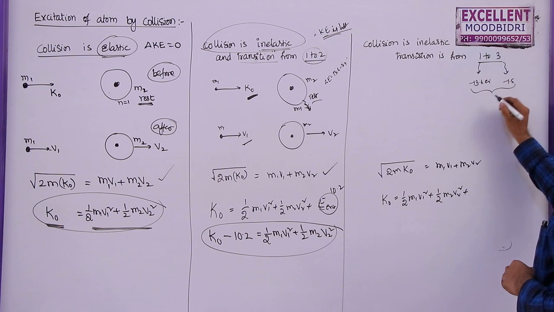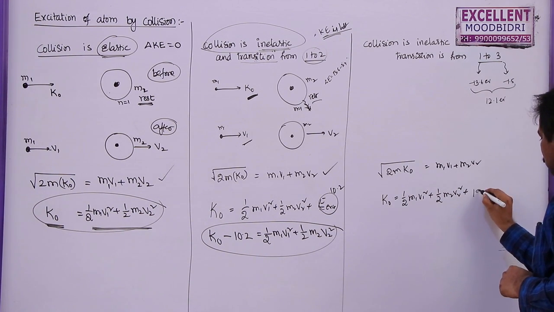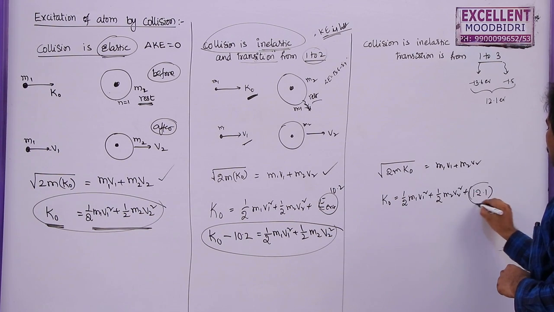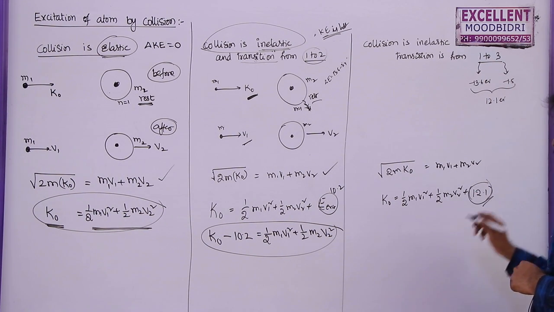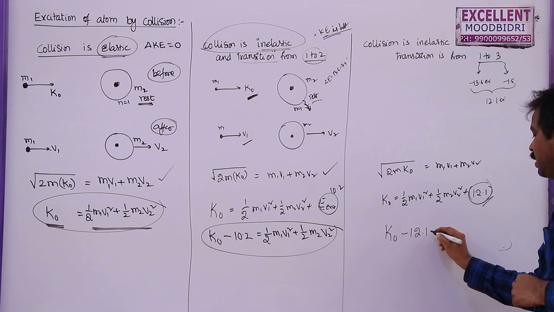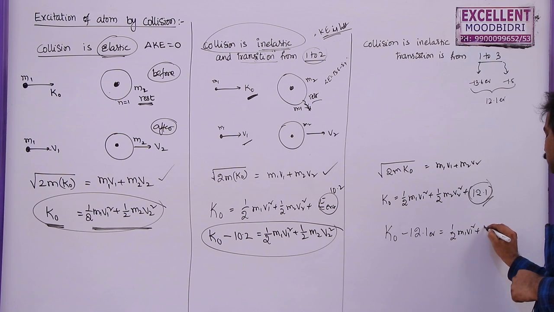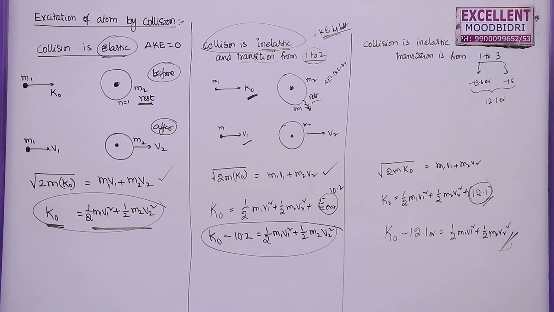The difference between these two will be 12.1 electron volts. So this is the minimum energy required for this electron to excite from first orbit to third orbit. So from the initial kinetic energy, it loses 12.1 electron volts of energy, and this must be equal to half m1 v1 square plus half m2 v2 square.